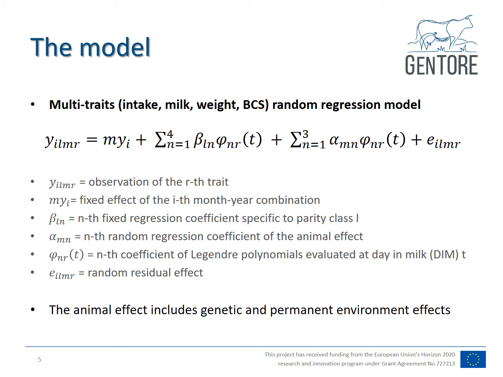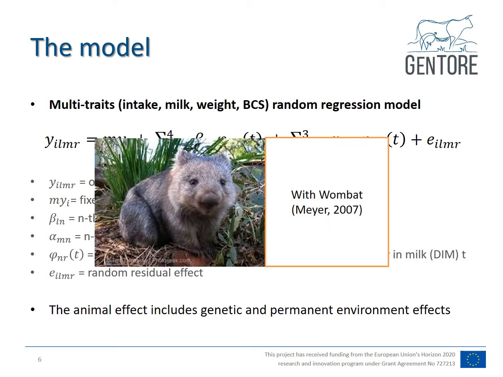Fixed regression part that was to fit the model within each parity class. Random regression part that corresponds to the animal effect, and residual. For this equation we use Legendre polynomials that were evaluated in milk. And what is important to keep in mind is that the animal effect includes both genetic and permanent environmental effects. And to perform this analysis, we used the Wombat software.